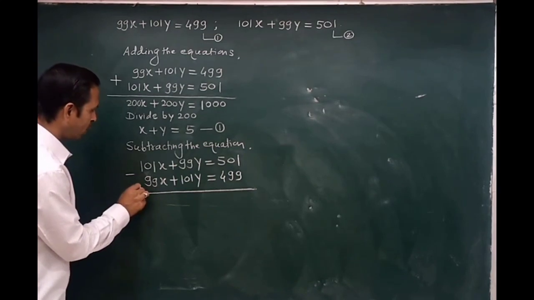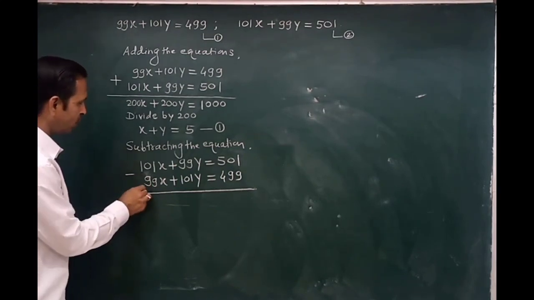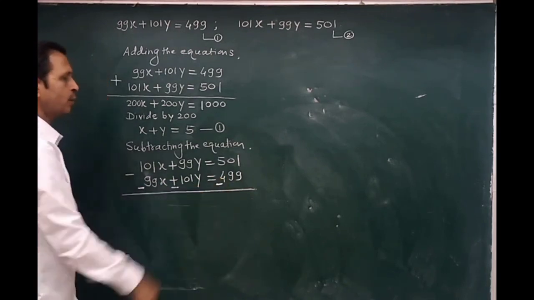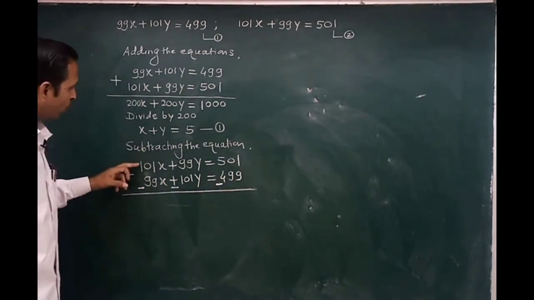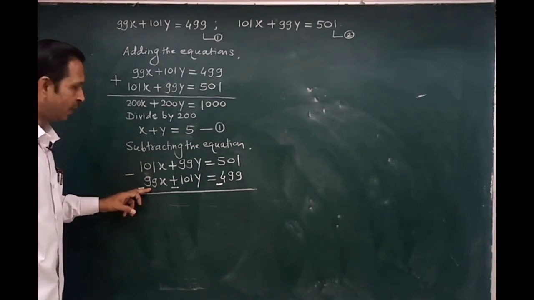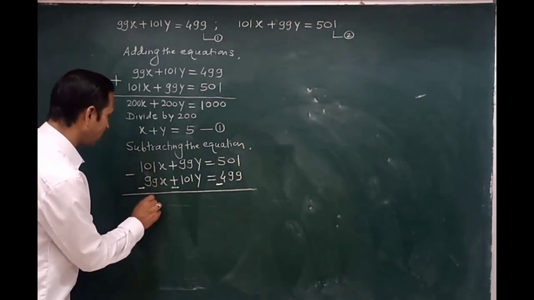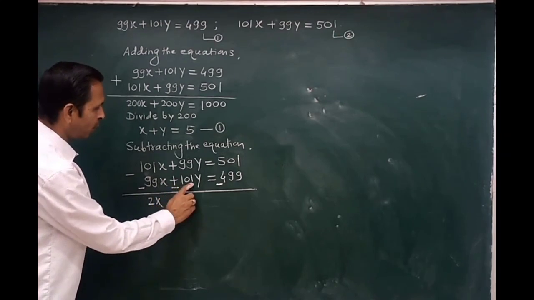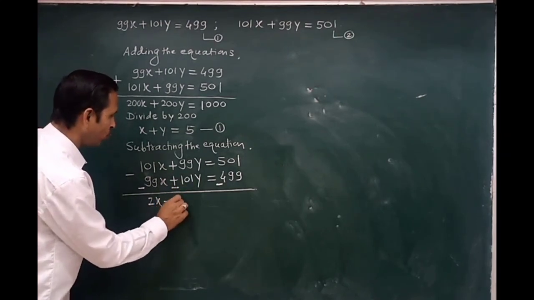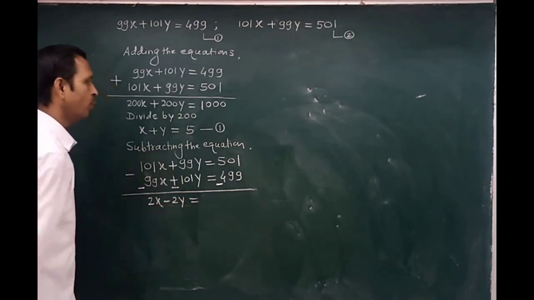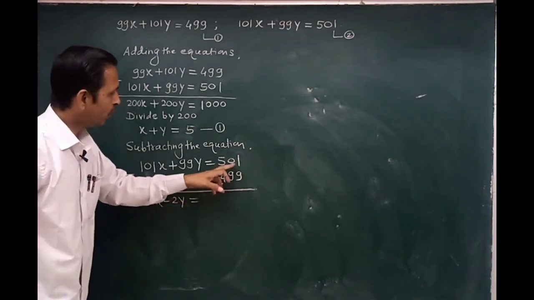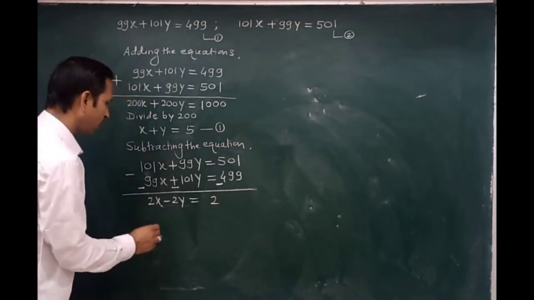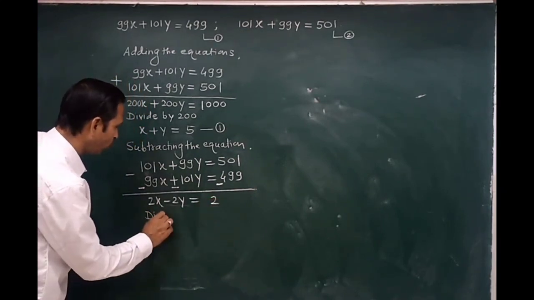Change the signs: minus 99, minus 101, and minus 499. 101 minus 99, we will get 2x. Here 99 minus 101y gives minus 2y is equal to, here 501 minus 499, that is 2, and so divide by 2.